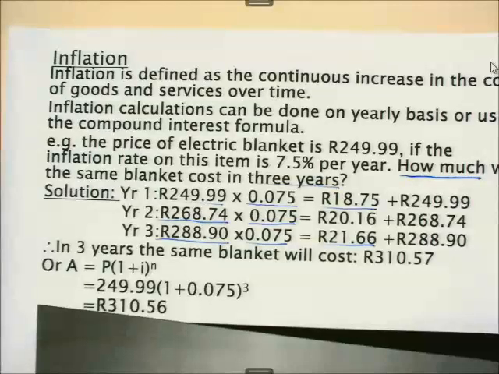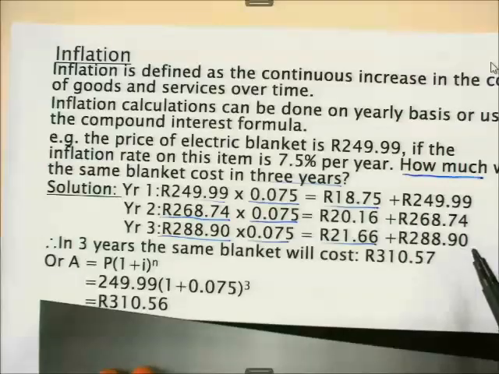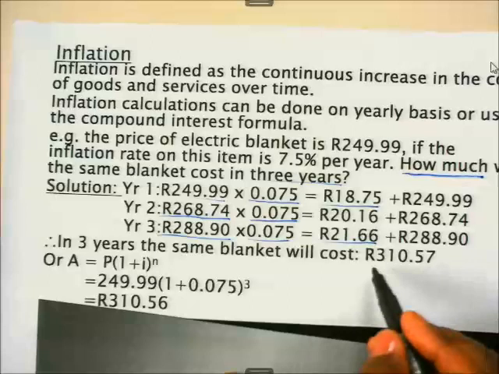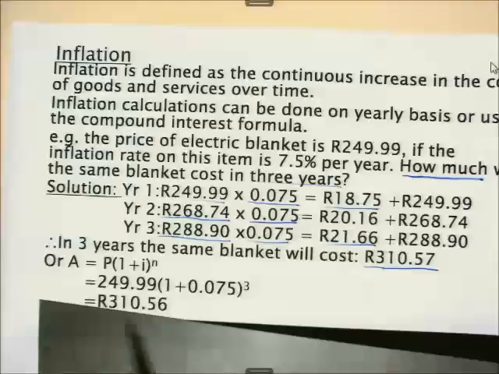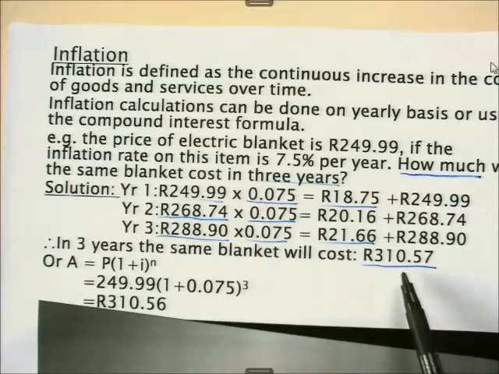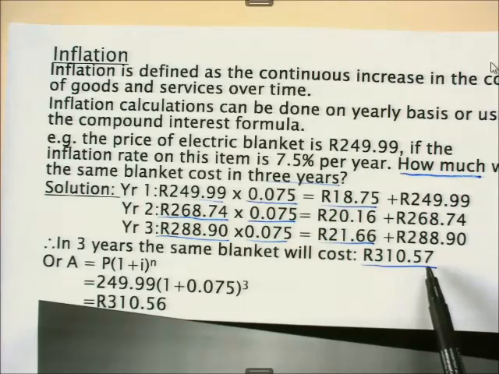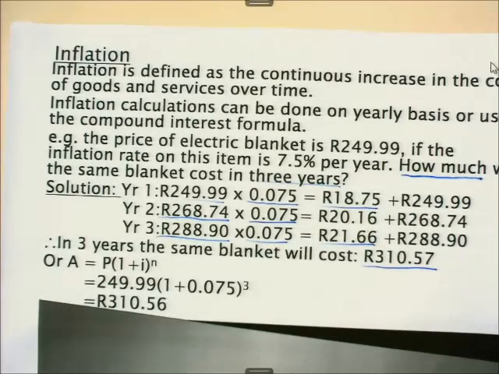And when you add 21 rand 66 cents to 288 rands 90 cents, you end up with 310 rand 57 cents. It simply means that in 3 years, the same blanket will cost 310 rands 57 cents.